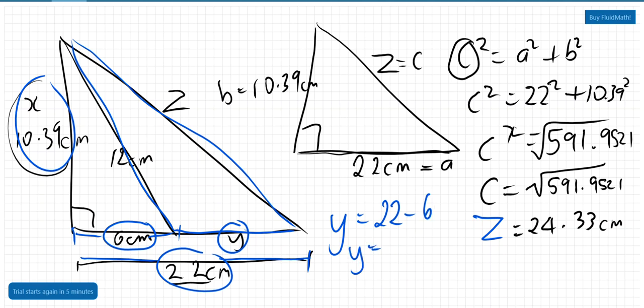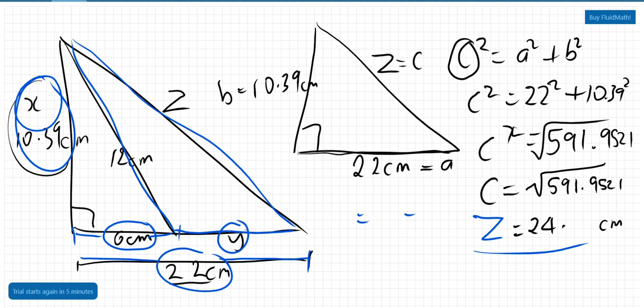Y is equal to 16. And don't forget to write centimeters. Okay? And we have found all 3 variables. We could have found y first, because y didn't need Pythagoras. But we had to find x first and then z, because we couldn't find z without x. So hopefully that was okay.